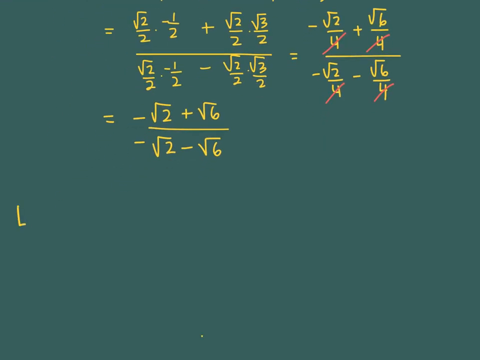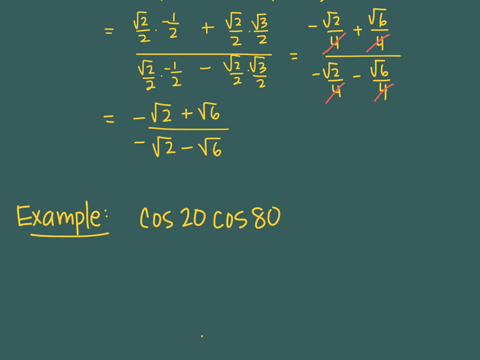So that is the final answer. The last thing I wanted to have you think about would be, what if you had to do this problem slightly backwards? Like, what if you had to do the cosine of 20 degrees next to the cosine of 80 degrees, minus the sine of 20 degrees and the sine of 80 degrees?